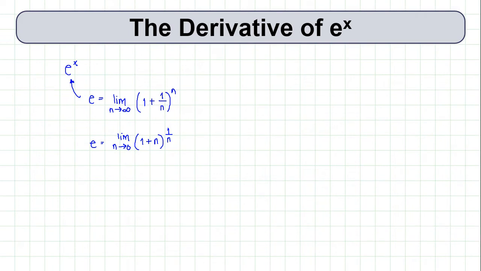Meron din tayong tissue growth rates sa medical field, ginagamit din natin yan. Tsaka yung mga seismic differences ng earthquakes. So ilan lang yan sa mga fascinating topics na ginagamitan ng exponential and logarithmic differentiation. Kaya importante na malaman natin paano kunin itong derivative ng mga to.